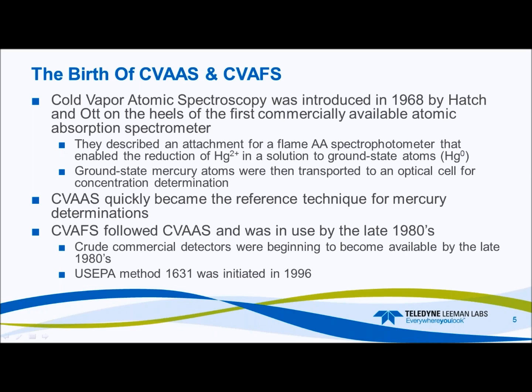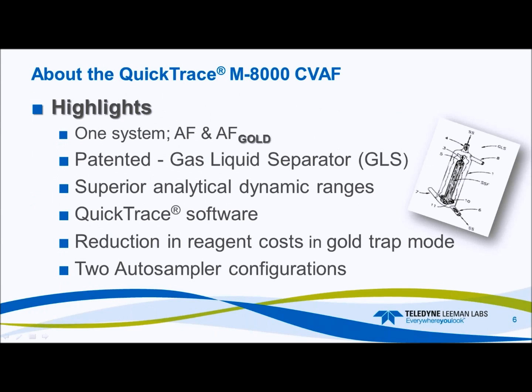This quickly became the choice technique for mercury analysis, basically globally, and then shortly after that, cold vapor atomic fluorescence followed. By the late 1980s, there were some crude instruments out there that could be used commercially, and US EPA 1631 methodology was initiated in 1996. So that brings us up to today.